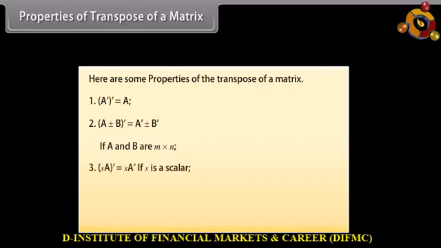Third, the transpose of S times matrix A is equal to S times the transpose of A, if S is a scalar. Fourth, the transpose of AB is equal to the transpose of B times the transpose of A, if A is m by n and B is n by p.